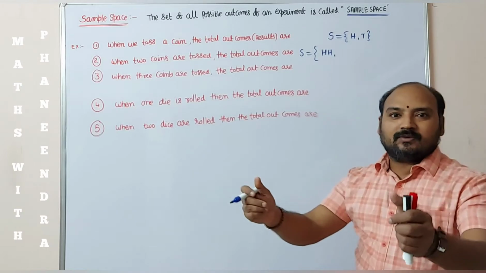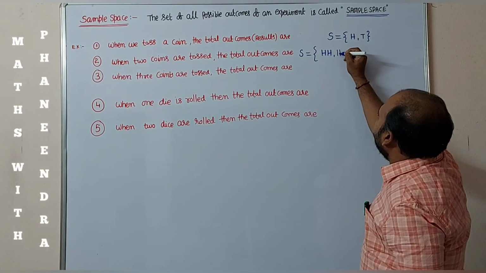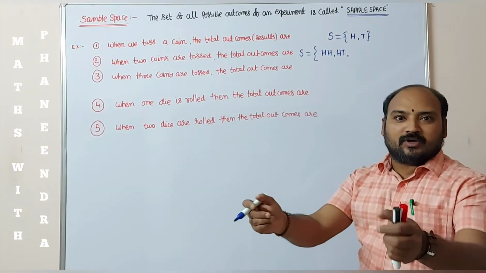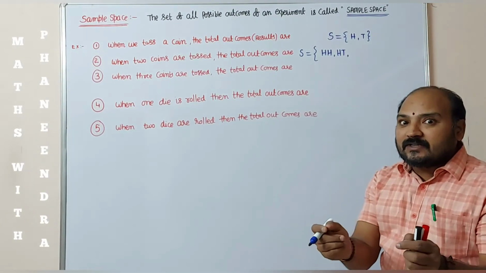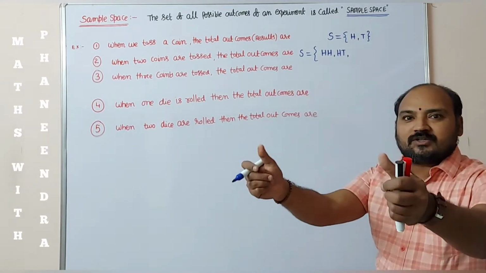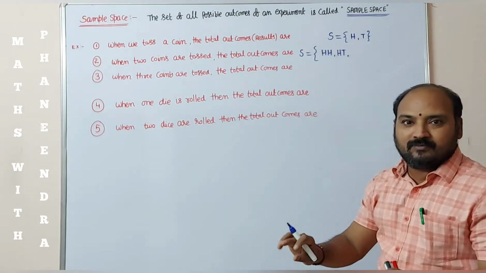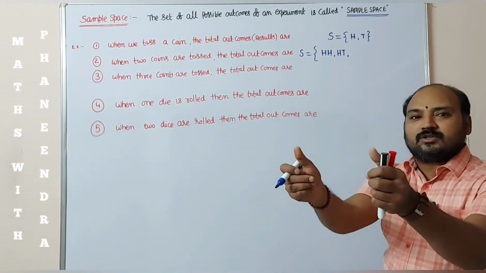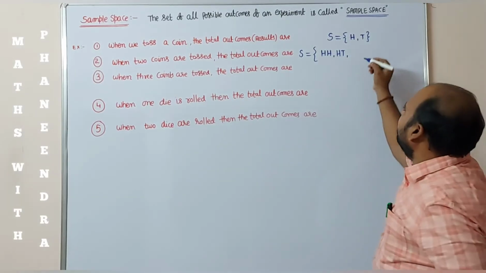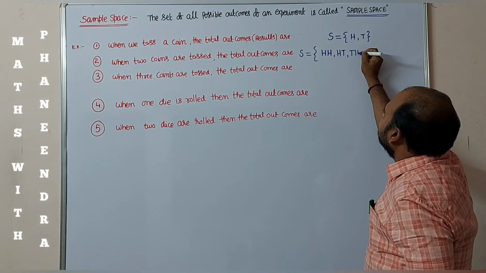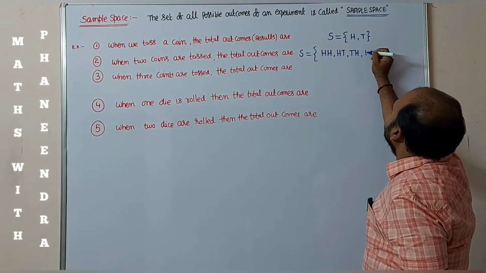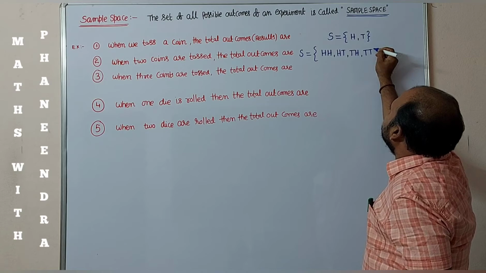Again I am tossing, I may get 1 head, 1 tail. These are the possibilities with two coins. If you toss 2 coins at a time, 2 heads will come, or one is head and another one is tail, or one will be tail and another one will be head, and both will be tails.